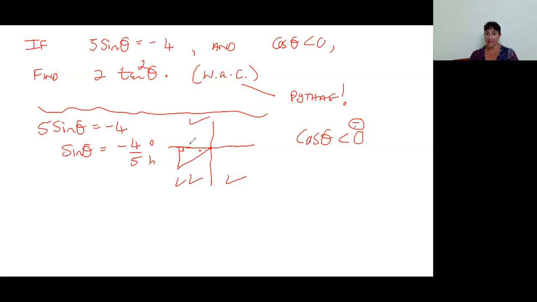So this length is 4. And this length, oh, sorry, I'm talking rubbish. This is the opposite, so this is 4. And the hypotenuse is 5. Okay, hypotenuse is opposite 90, so that's 5. That is 4. We are going to have to find the missing side, which is x. Right.